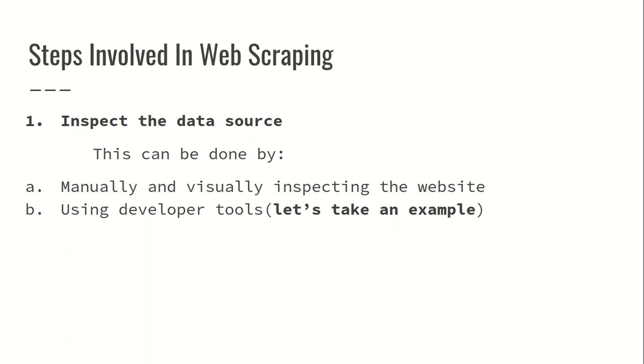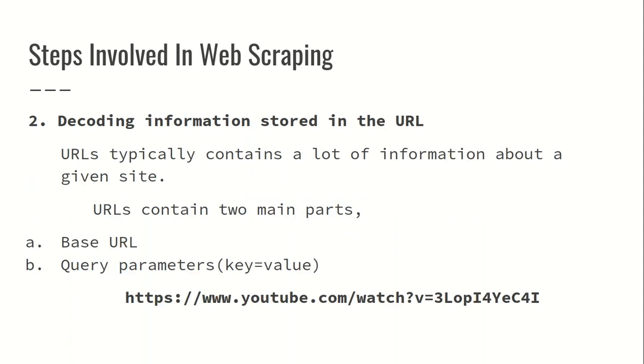So the first thing you need to do is to inspect your data source. This can be done manually and visually by inspecting the website. It can also be done using the developer tools. You can just go into developer tools, look at the elements of the website, and visually inspect it from there. We'll take a look at this in just a second.